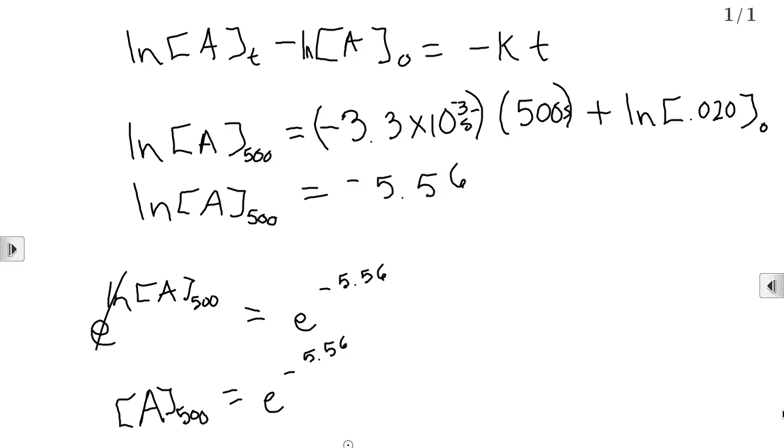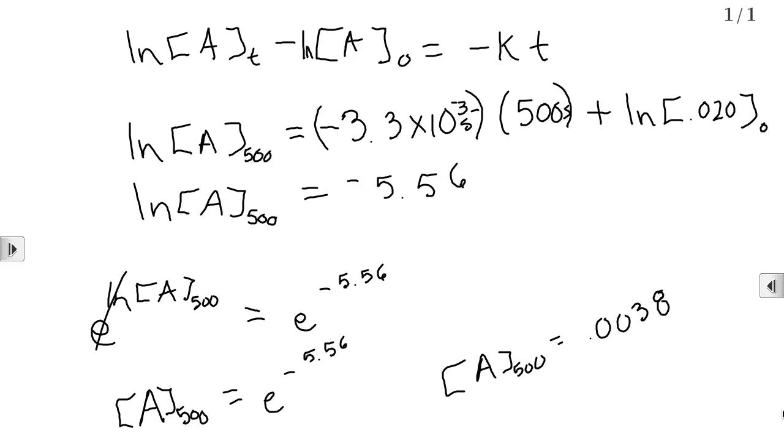And you can totally hit e to the negative 5.56 in your calculator and get the number. So I got the concentration at 500 seconds is equal to 0.0038.